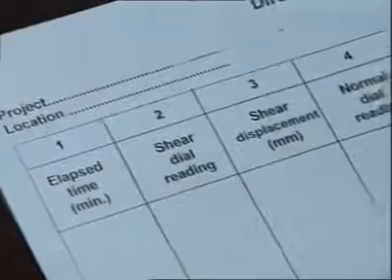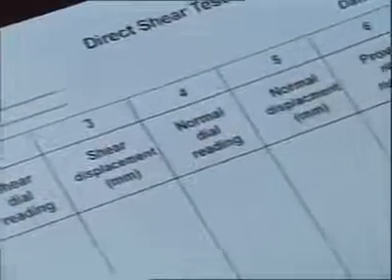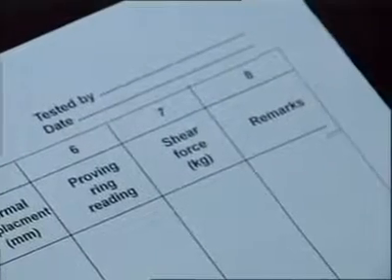Conduct at least 3 tests on separate specimen having the same density and moisture content but applying different normal loads. Here you see a standard proforma for direct shear test for recording the values of various parameters during conduct of test.